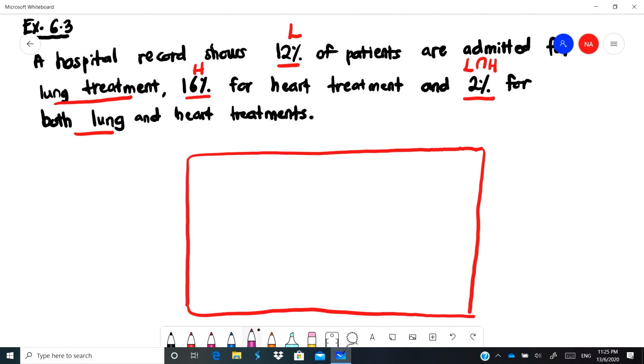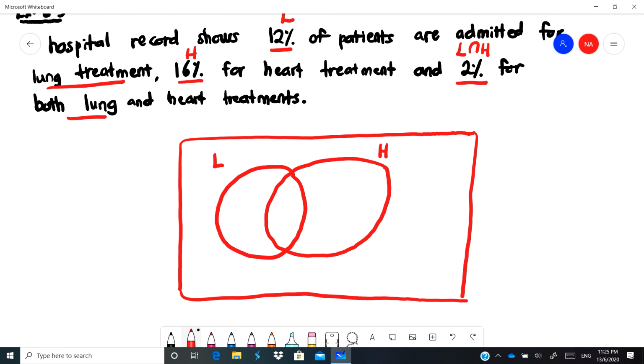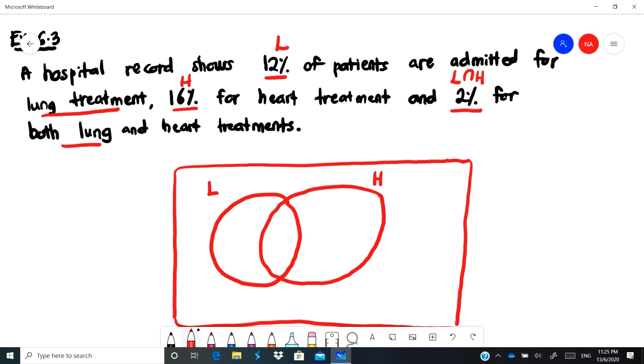To draw this, let's say you have this one and also this one. This is lung and this is heart. For lung only 12%, but you better put the intersection first, which is 2%. So 2% is actually 0.02. If it is 12% for lung treatments, the whole thing here is the lung treatments.